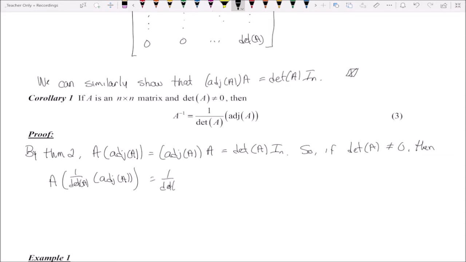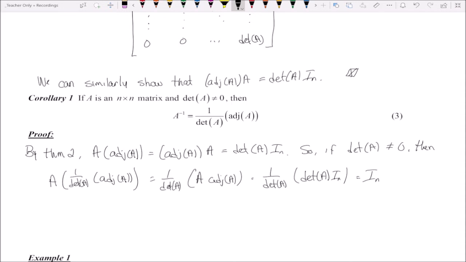1 over determinant A times A adjoint of A, right? This is a property of matrix multiplication. But A adjoint of A, we said, is determinant of A times I_n, which is just the identity matrix.